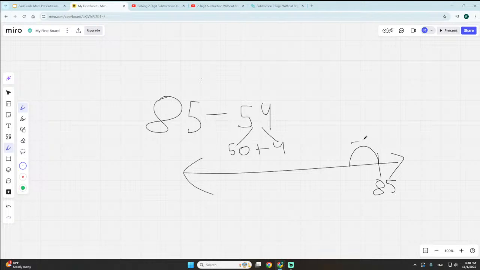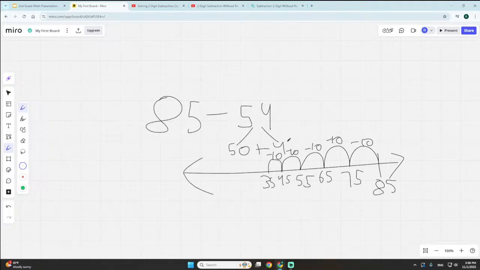So one jump to 75, another jump, another jump, another jump, another jump. So 1, 2, 3, 4, 5. So now we subtracted the tens place, and we end up with 35, because after 5 jumps, we've subtracted 50.